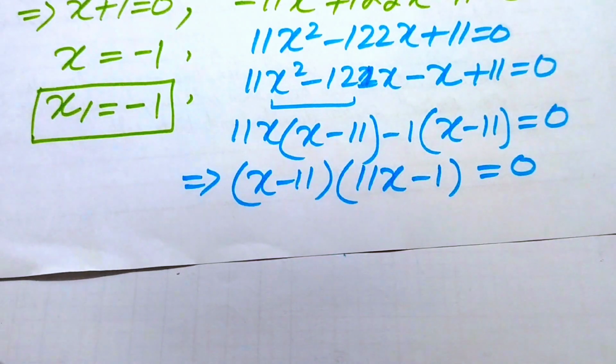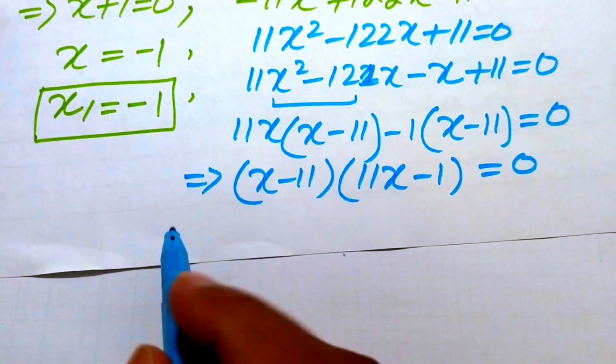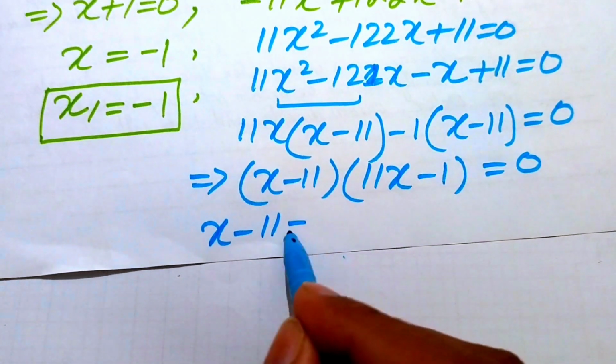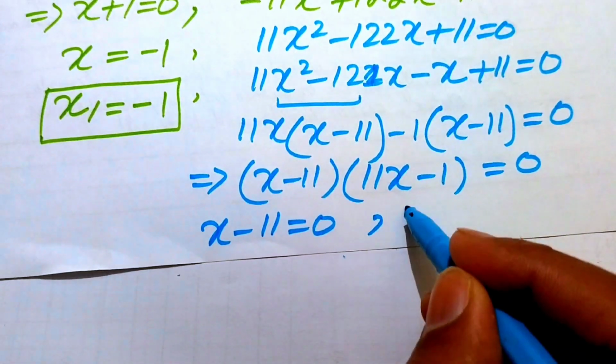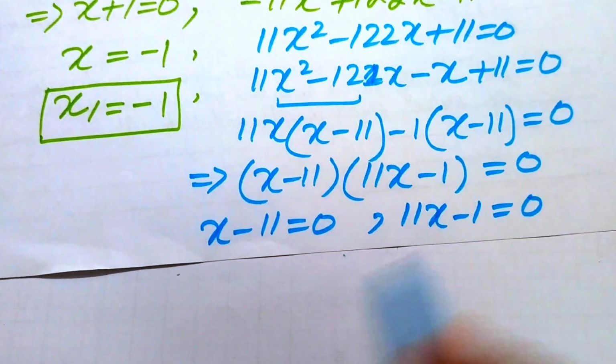So we get the product of two factors. Here we divide these factors in two cases, so our first case is we write x minus 11 equals 0, and the second factor is we write 11x minus 1 equals 0.